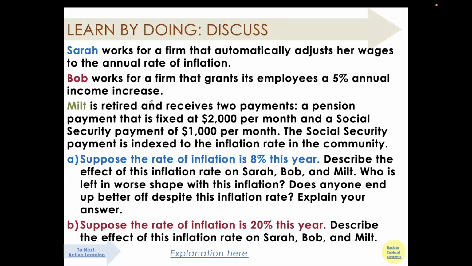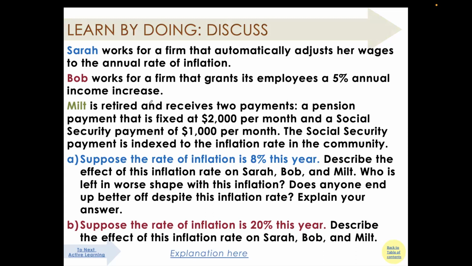There's another question to help understand inflation. In this example, we have 3 individuals. They represent different people in our real life. Sarah works for a firm that automatically adjusts her wage to the annual rate of inflation. Bob works for a firm that grants employees a 5% annual income increase. And Milt is retired and has 2 paychecks. One is a pension payment fixed at $2,000.